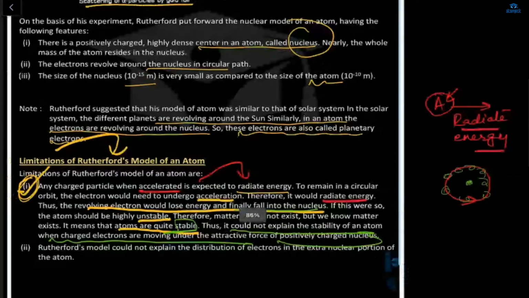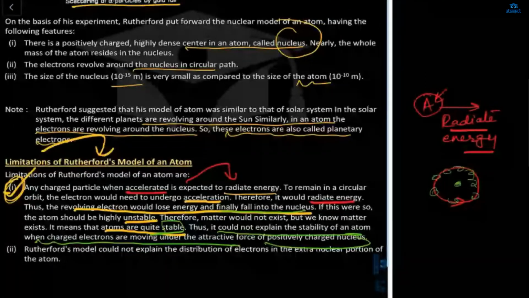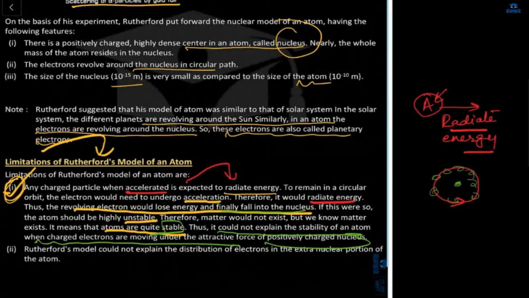How? First of all, we learned that any charged particle, when accelerated, will radiate energy. To be on that particular orbit, meaning to rotate on that orbit, it should undergo acceleration. So obviously, it will radiate its energy. If the electron revolves, it will fall into the nucleus.